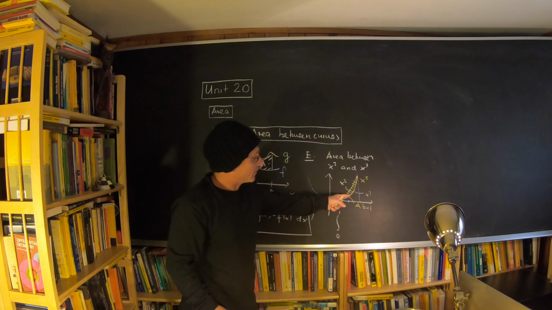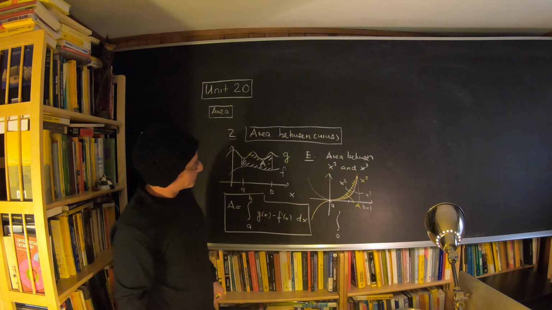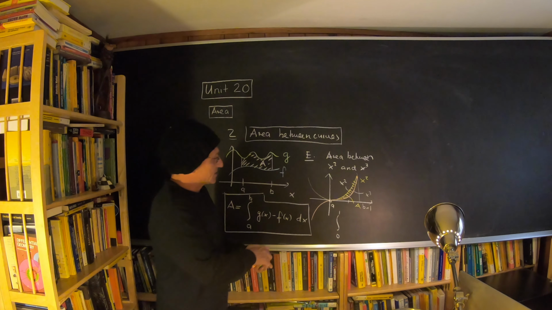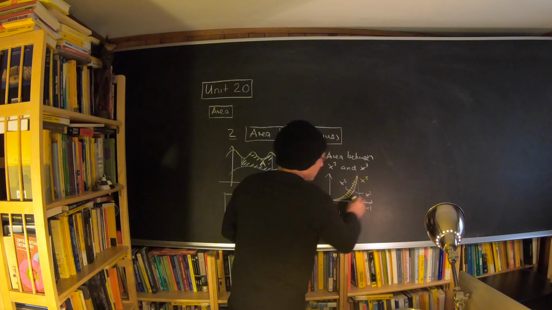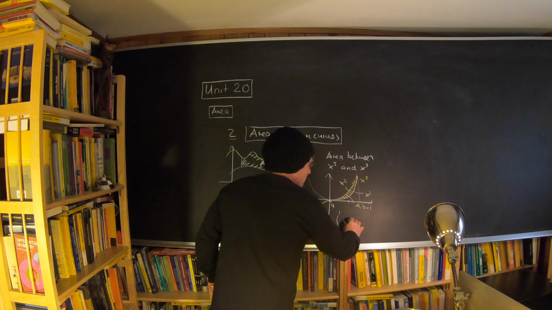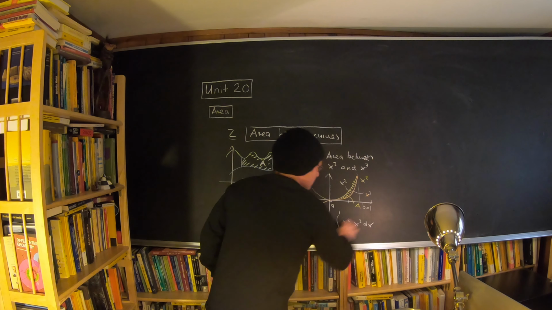That's 1/4 and that's 1/8. So 1/8 is smaller than 1/4. And so the green graph of x cubed is below the graph of x squared. And so we have here x squared minus x cubed dx.